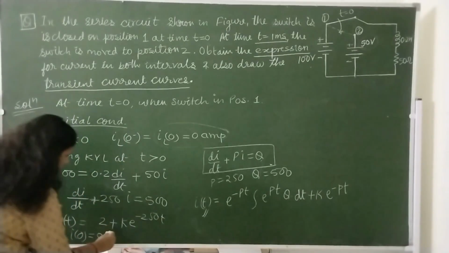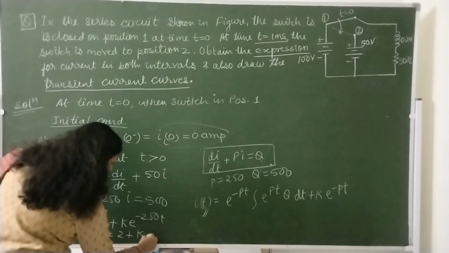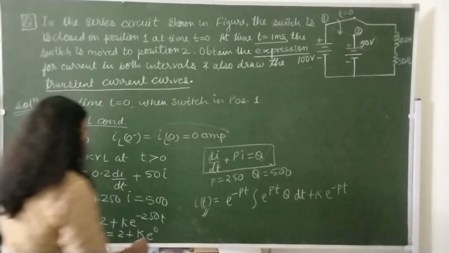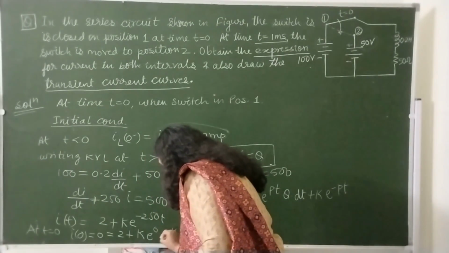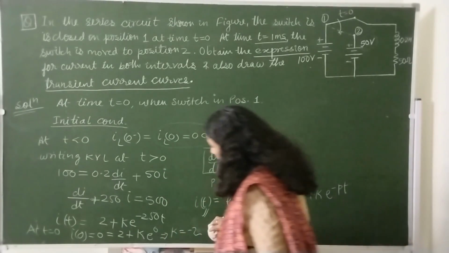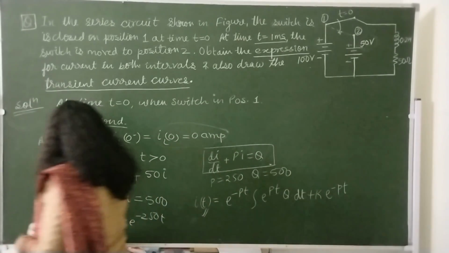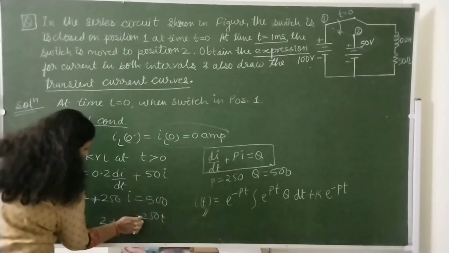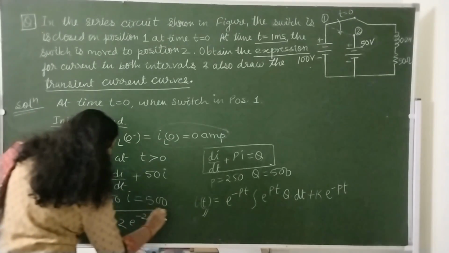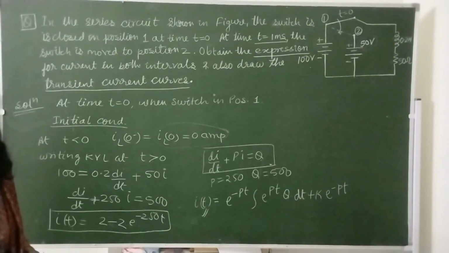Using the equation, 0 equals 2 plus k e to the power 0, which is nothing but 1. So k comes equal to minus 2. Okay, so we got our transient current, with k equal to minus 2. This is our transient current when the switch is in position 1.